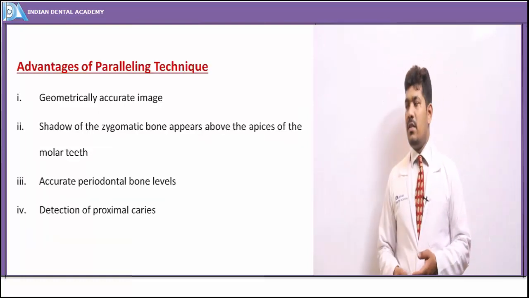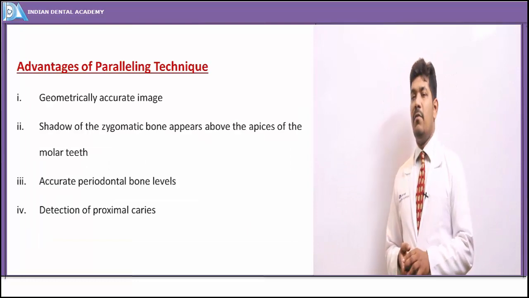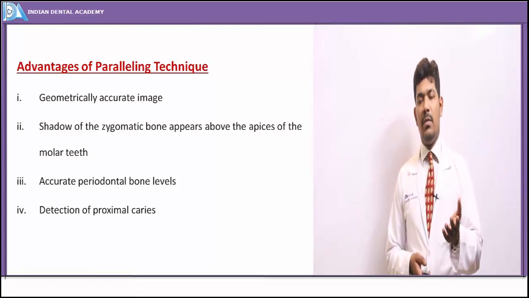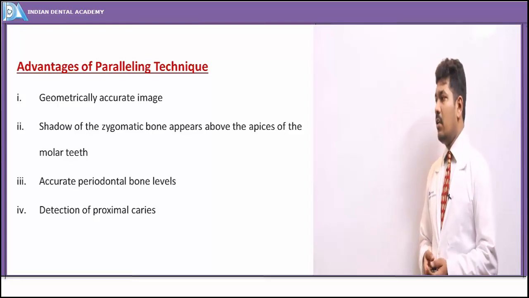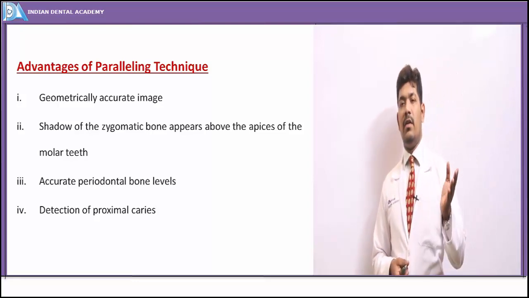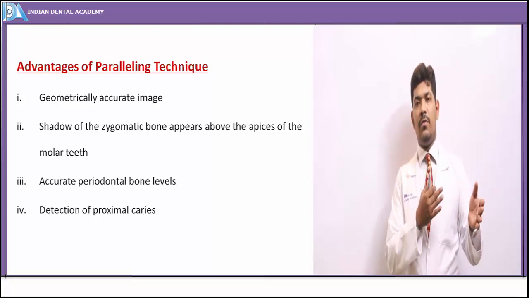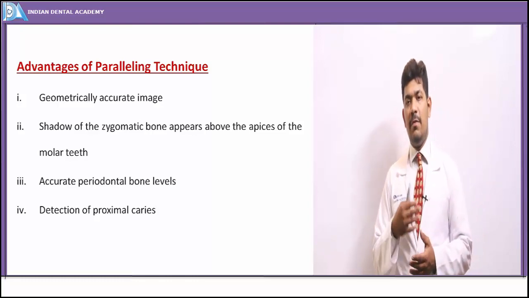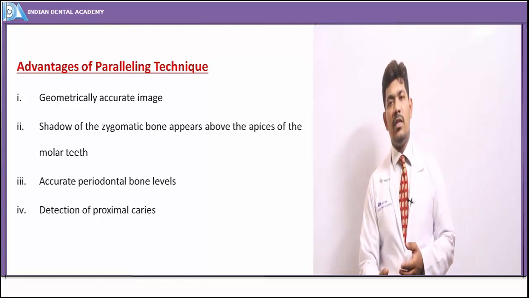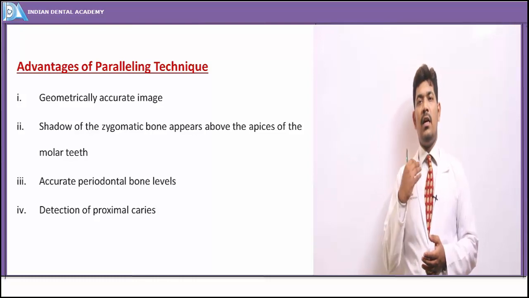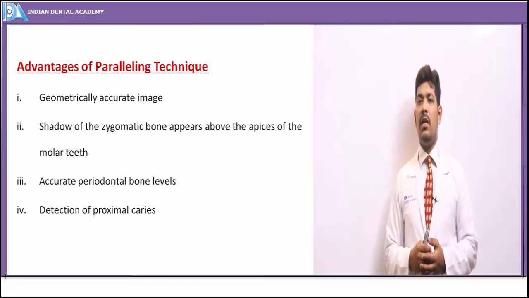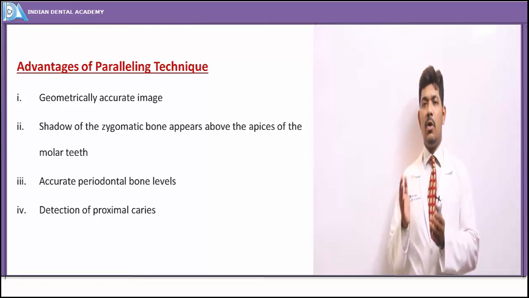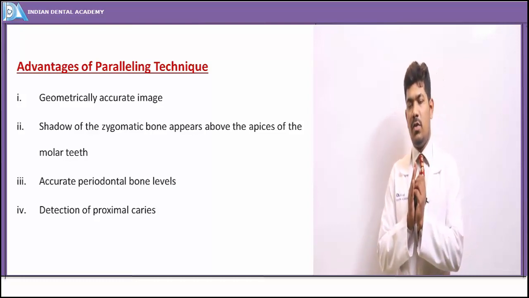So what are the advantages of a paralleling technique? We have a geometrically accurate image, because of the paralleling nature of the X-ray beams. Because of the parallel nature of these beams, when we take the maxillary molar projections, normally the zygomatic bone shadow overlaps the apices of the molar teeth in a bisecting angle technique, because they are placed in close proximity.